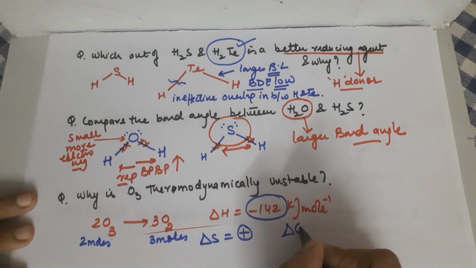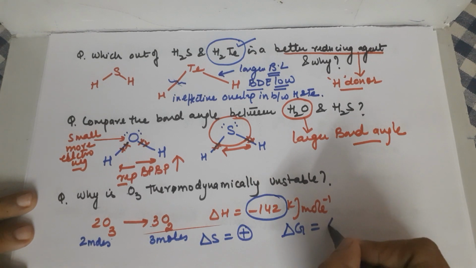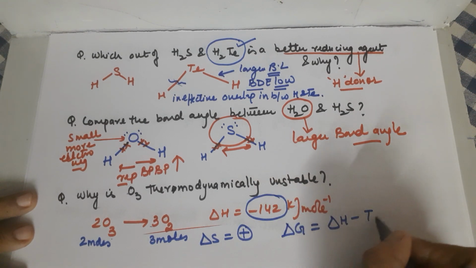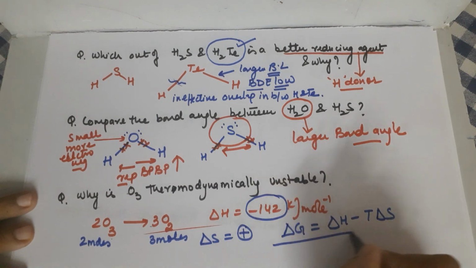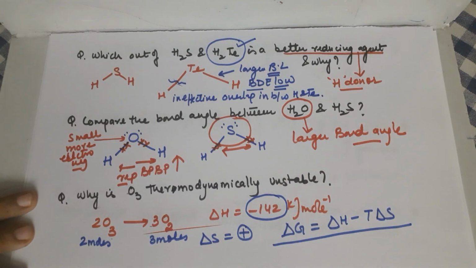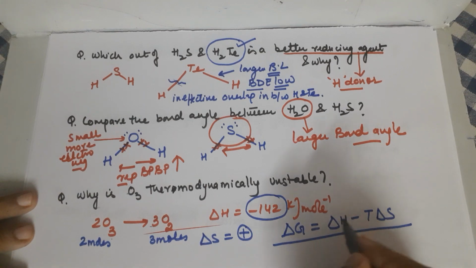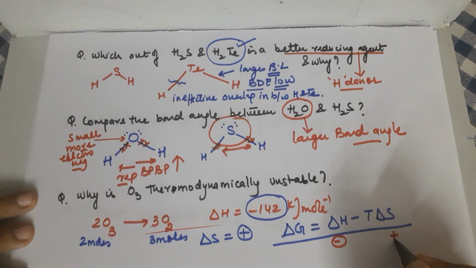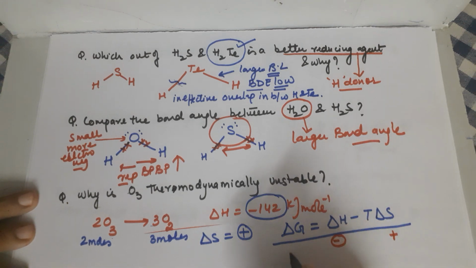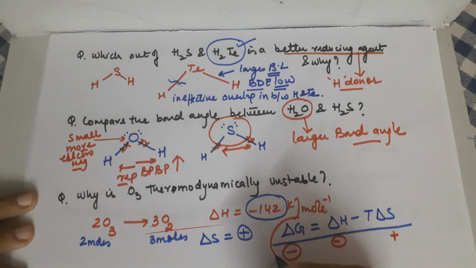You very well know for the spontaneity of a process, you need to find out delta G. Delta G is given by delta H minus T delta S. Now, delta H as given is negative, delta S is positive, temperature is on the Kelvin scale, so this would also be positive. So the sum would always be negative.